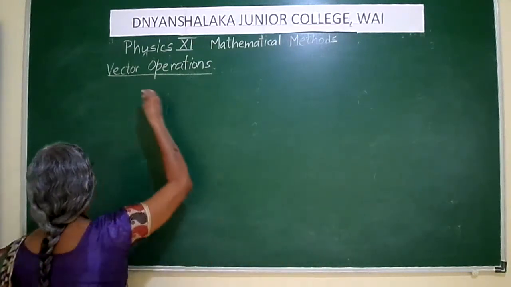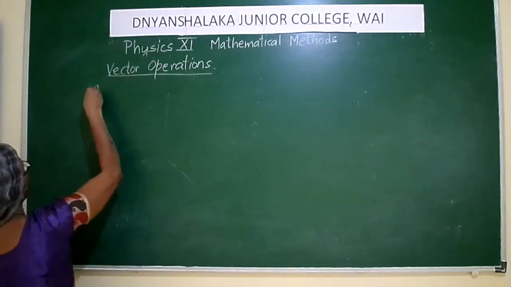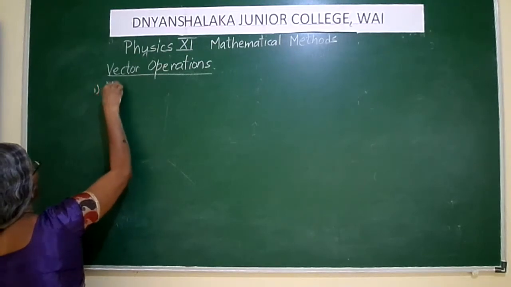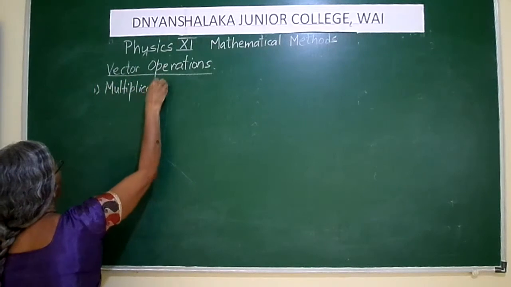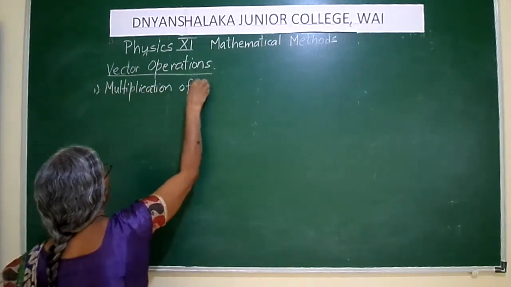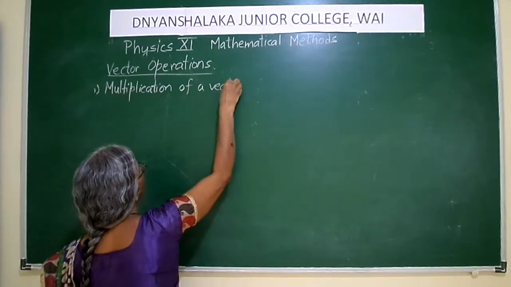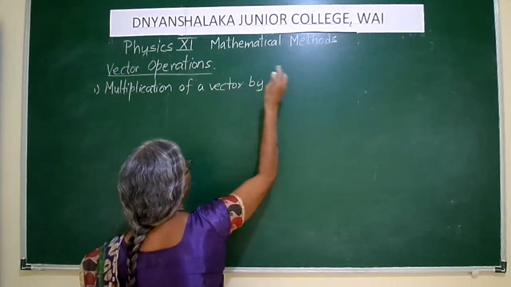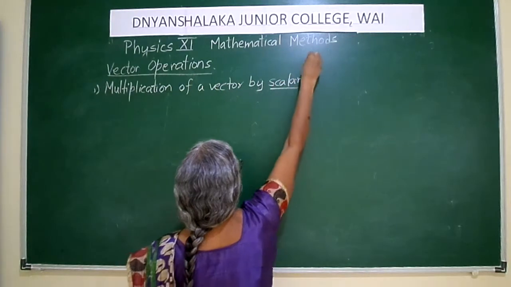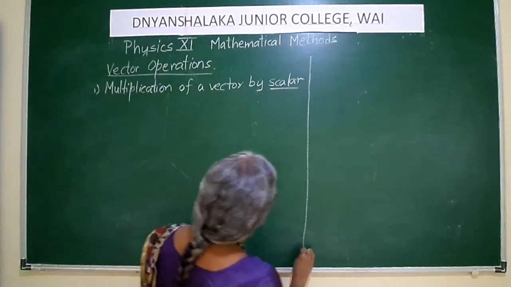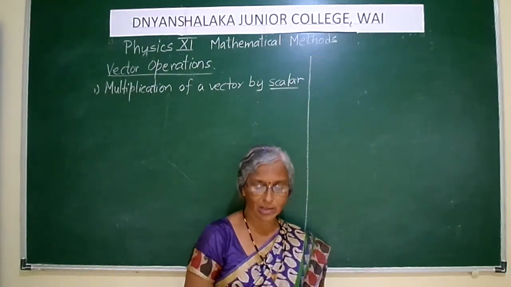Okay, in that, firstly we will take multiplication of a vector by scalar quantity. So we are going to consider multiplication of a vector by a scalar.